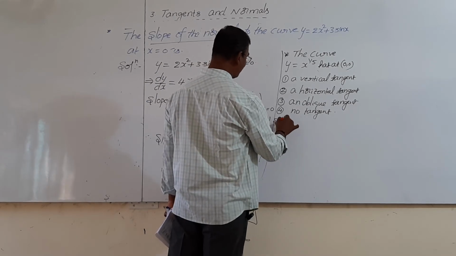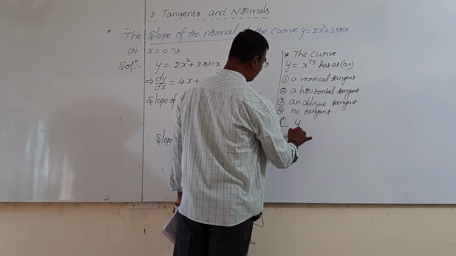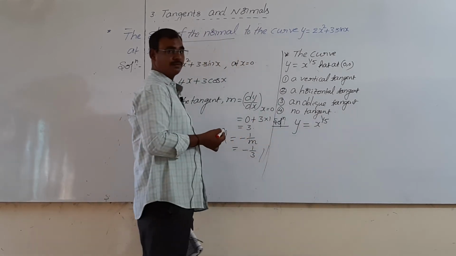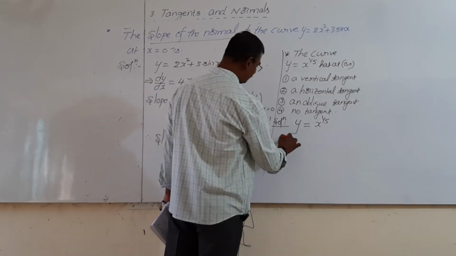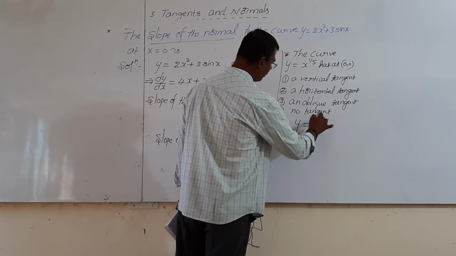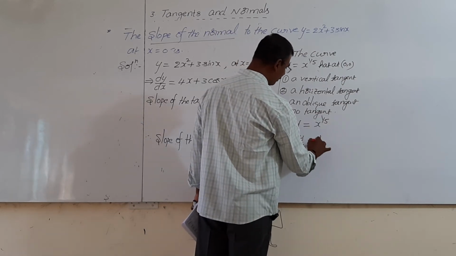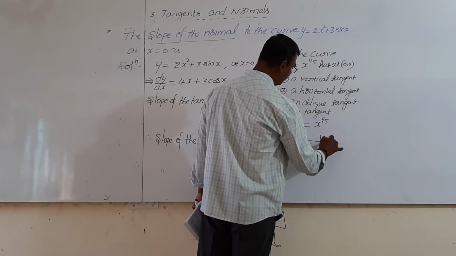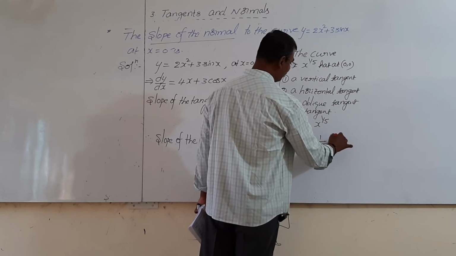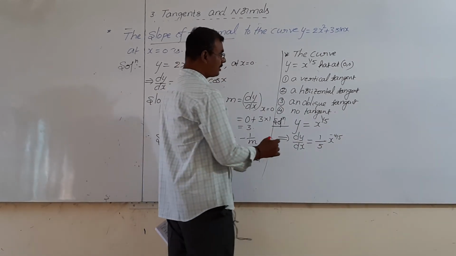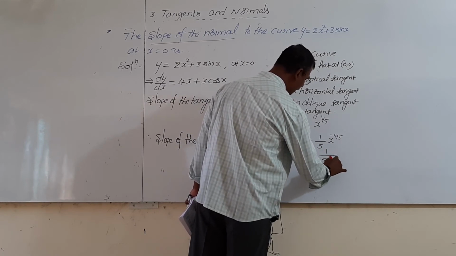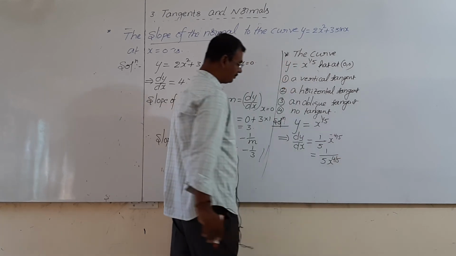Simply find the differentiation only. What is the curve? y is equal to x raised to 1 divided by 5. Differentiation: we know dy by dx is equal to, by the x raised to n formula, 1 upon 5 into x raised to 1 upon 5 minus 1, that is minus 4 divided by 5. This is also written as 1 divided by 5 into x raised to 4 divided by 5.